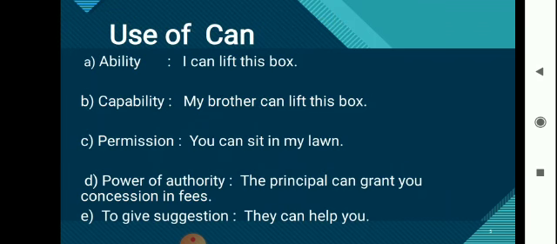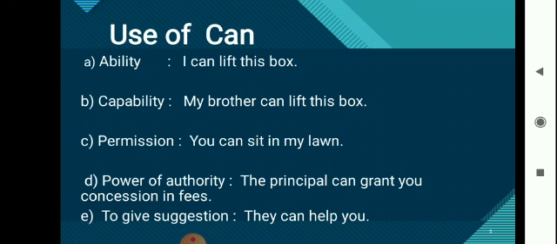So first of all, let us understand where we use can. It is used to show ability, capability, to ask for permission, power of authority, and to give suggestion. Examples are in front of you.